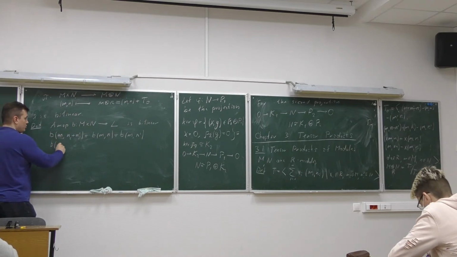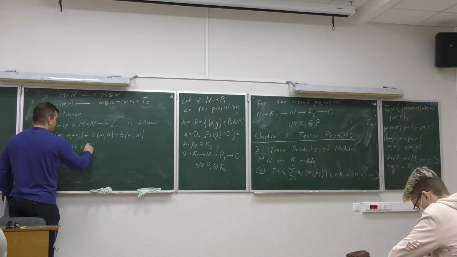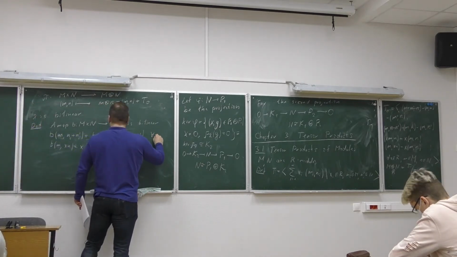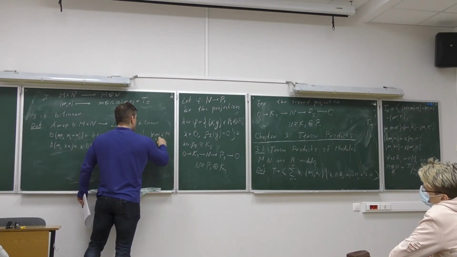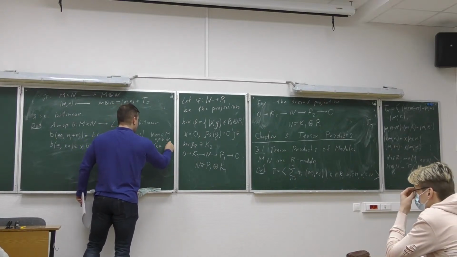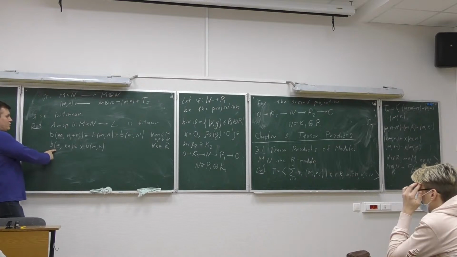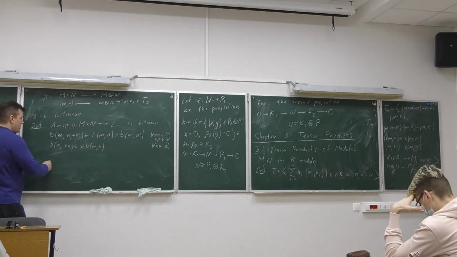I also need to add B(m, xn) is the same thing as x B(m, n), and of course this has to be true for any m in M and n prime in N, and for any x in the ring R. So what I have here is just the condition that this map is linear in the second argument when the first argument is fixed, and of course I have the same 2 conditions for the first argument.